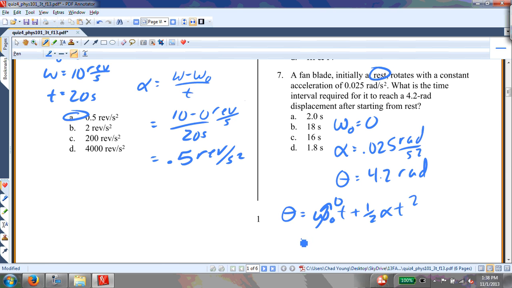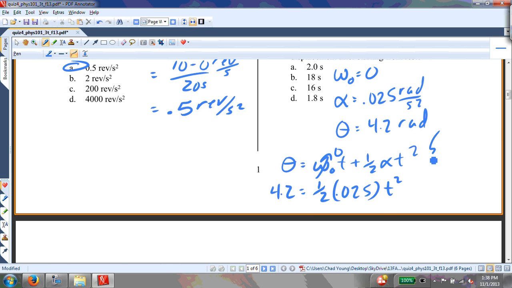Omega naught goes to 0, so I have 4.2. I solve this for t. 8.4 over 0.025. The root of that, I get 18 seconds. 18.3 or 18 seconds. That is B.